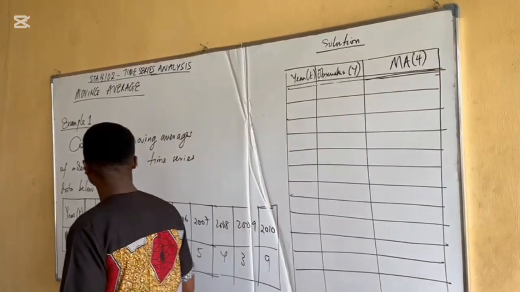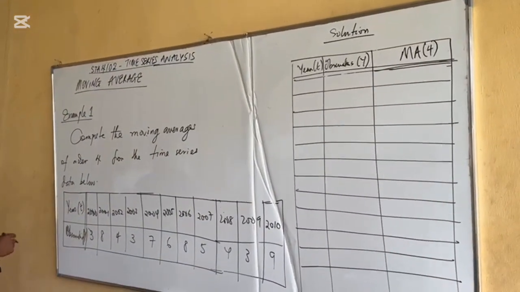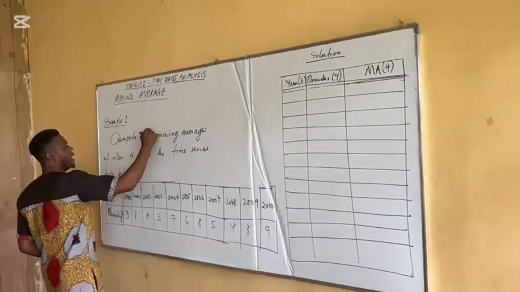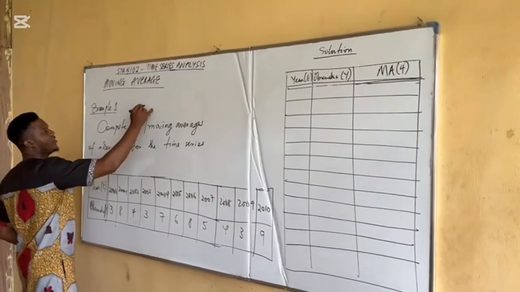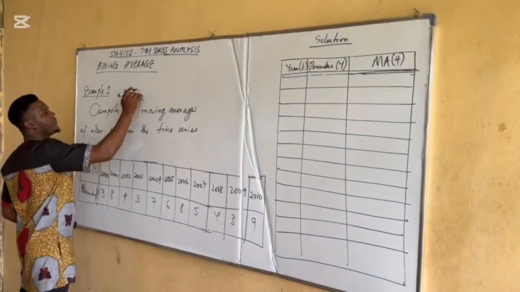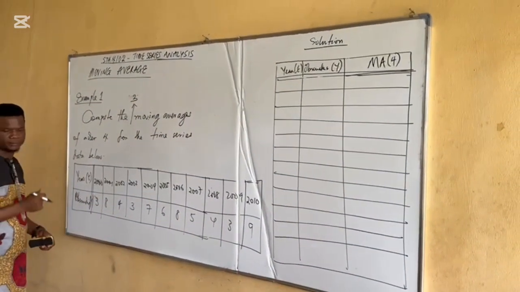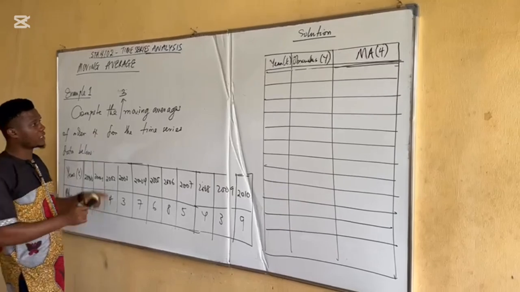Now, what I did not put here was: compute, please, let me put here, compute the first 3 moving averages of order 4. Do you understand me? I want to alter that question.